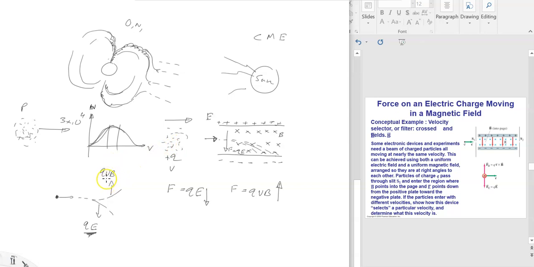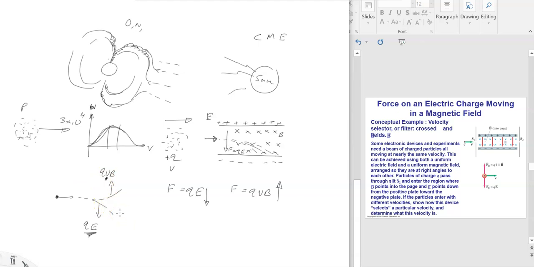So depending on the velocity, the upward force is different. If they are too fast, they get more upward force, so they deflect more upwards. If they are too slow, qE becomes bigger than qvB, and they deflect downwards.